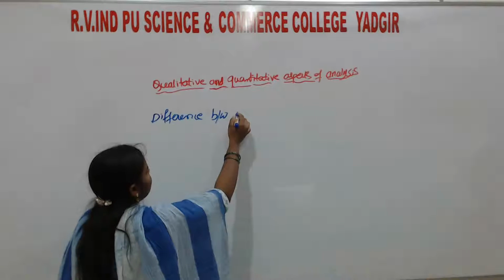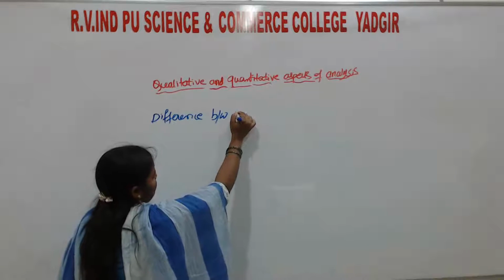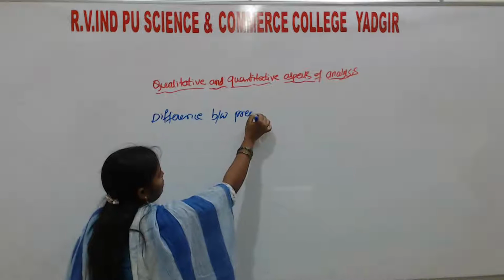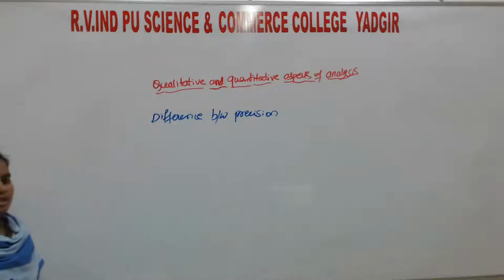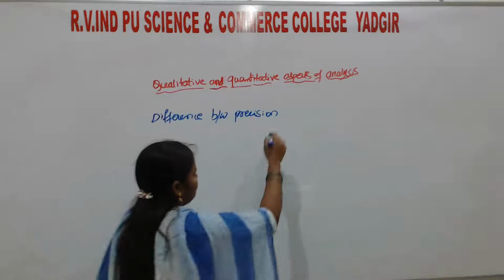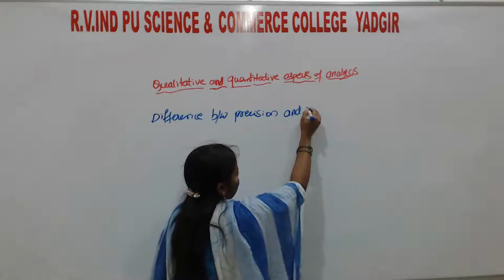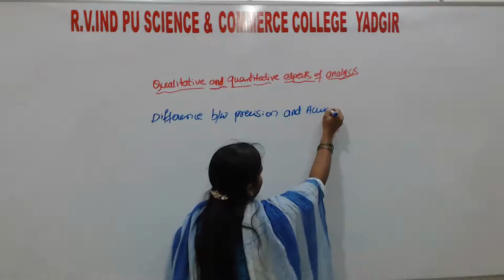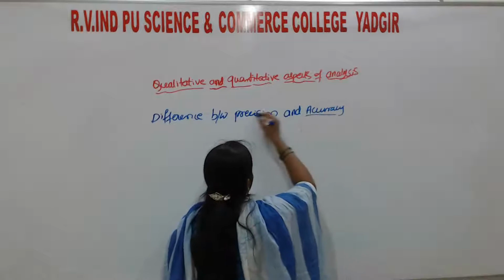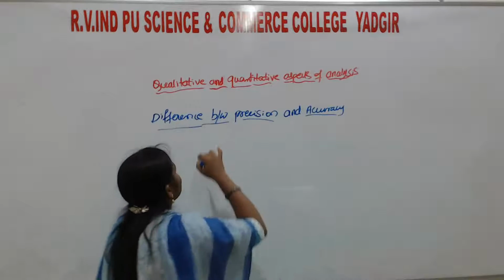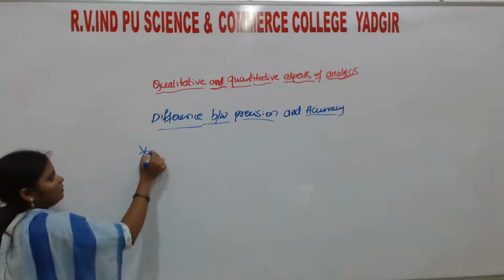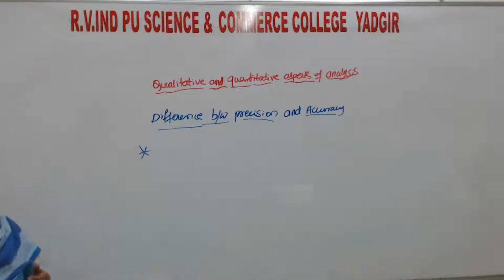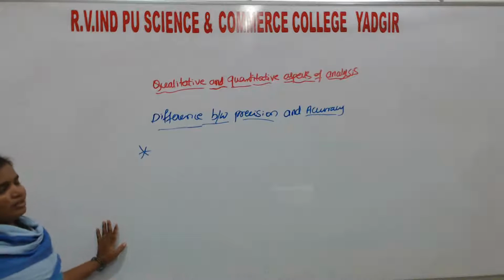The difference between precision and accuracy. Here, the first one is the accuracy, or the precision.